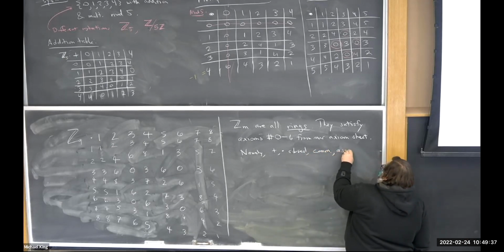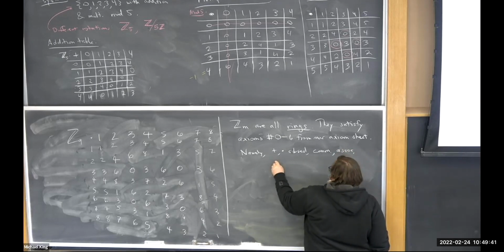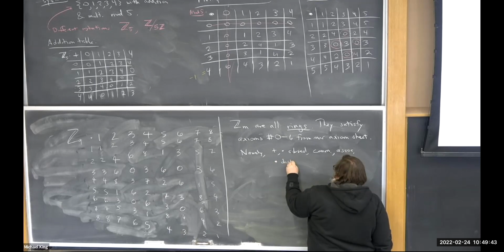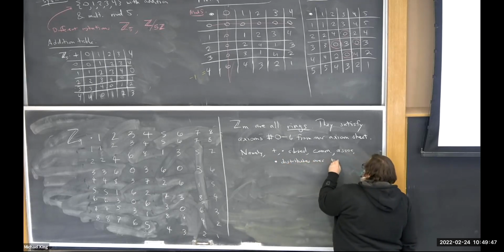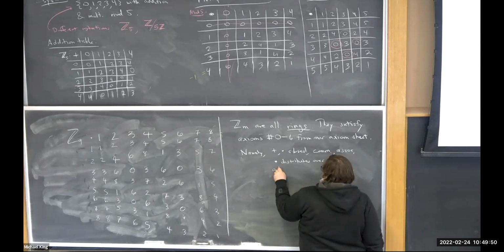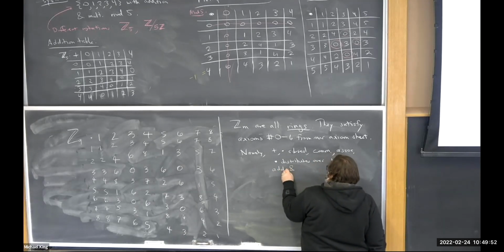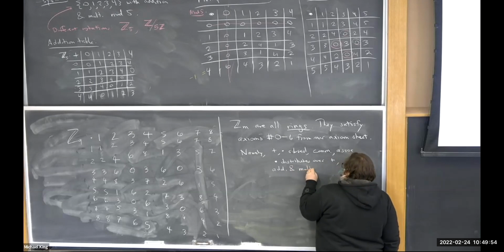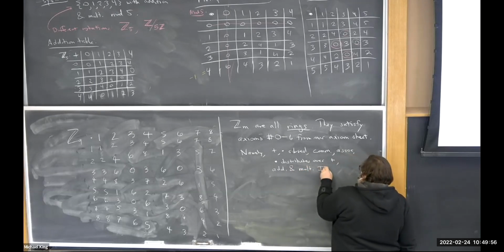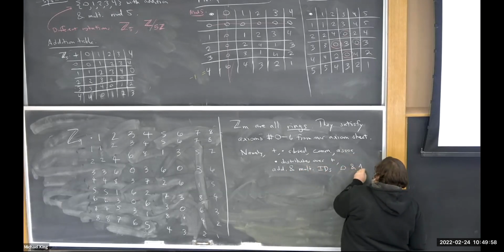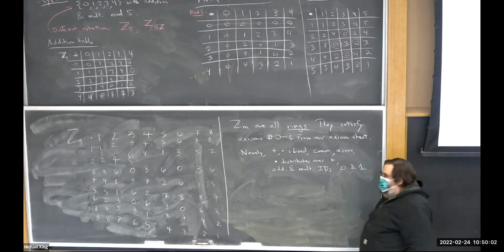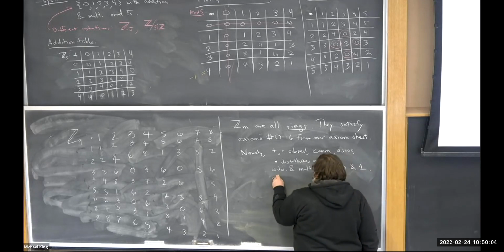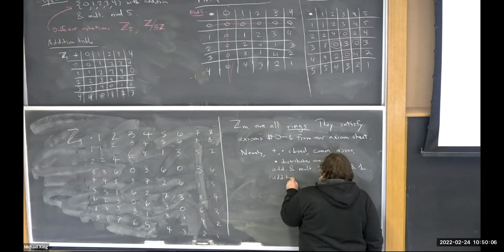associative, times distributes over plus. You can check all these, these are still true. And you have additive and multiplicative identities. 0 and 1 still work. And you also have additive inverses still, right?